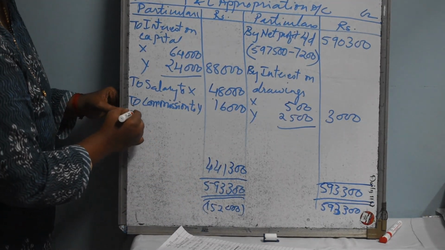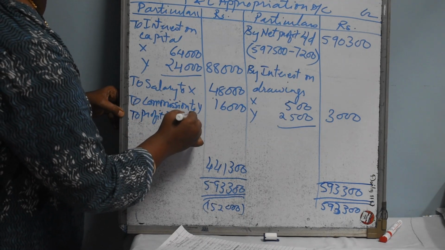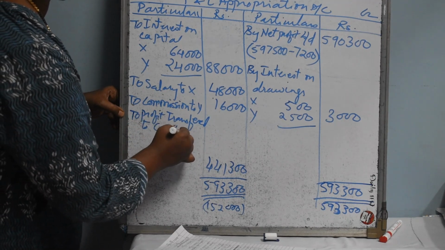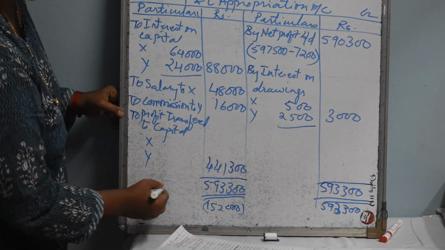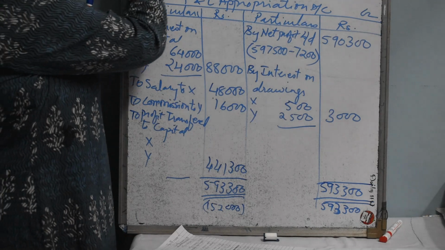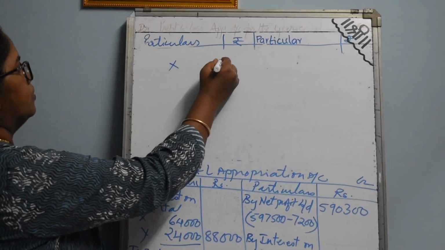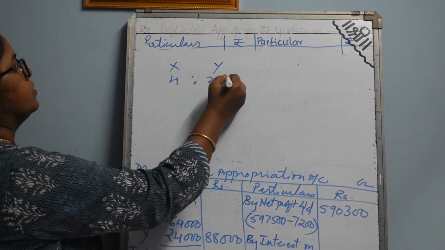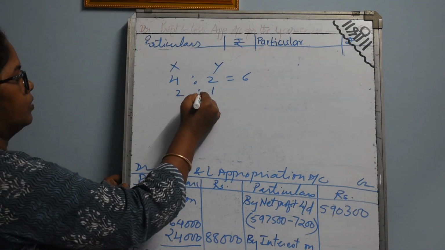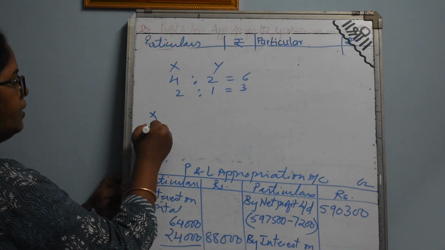So this you have to distribute among the partners: profit transferred to capital of X and Y. This we are going to give in their profit sharing ratio, which is 4:2, equal to 6. Or you can reduce this more: 2 1s are 2, 2 2s are 4, so it is 2:1, equal to 3. So you find out the profit of X's share and Y's share.